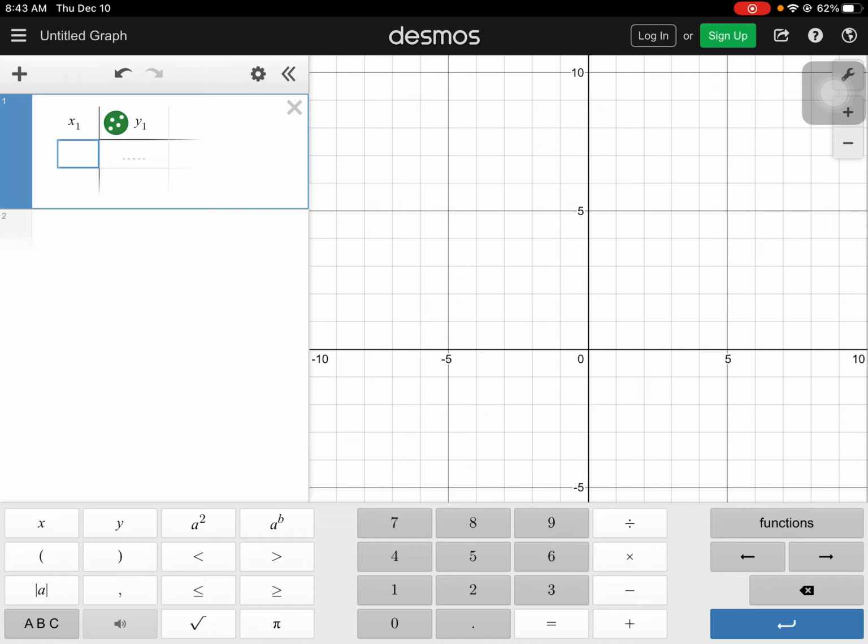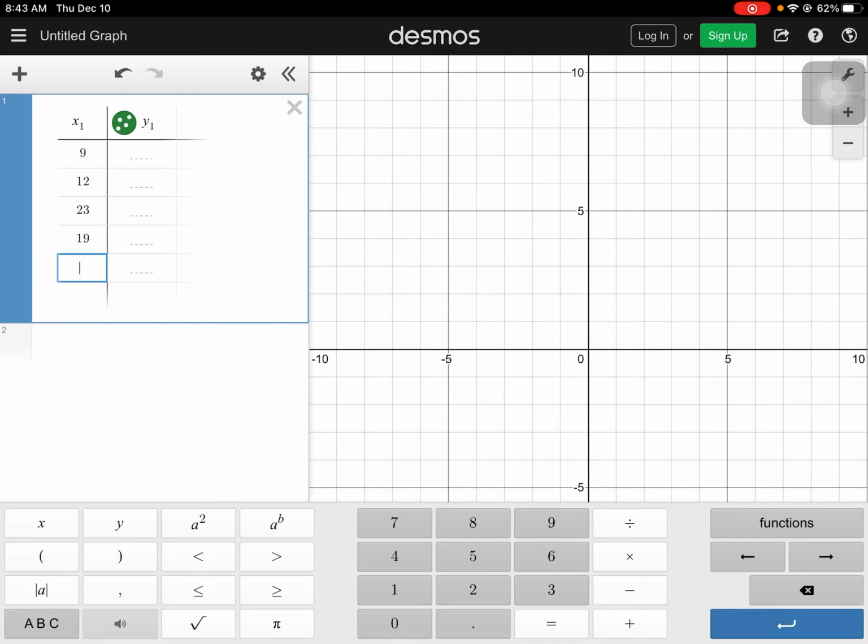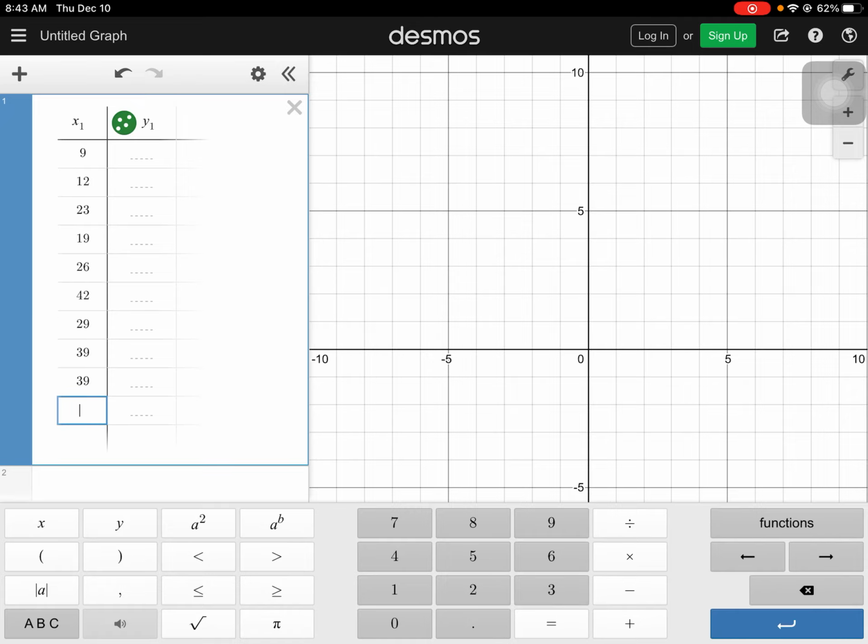So if we just enter all this data, we have 9, 12, 23, 19, 26, 42, 29, 39, and 40.